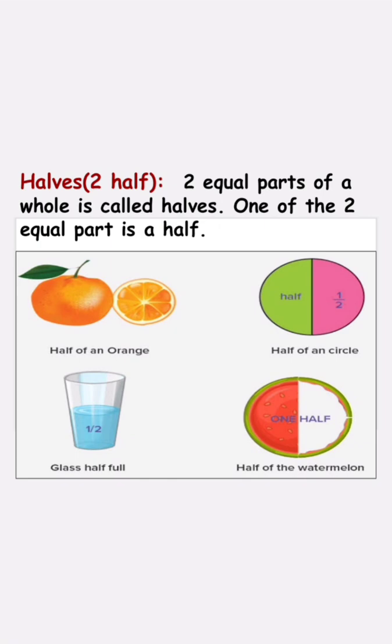We have a whole orange, and then beside that we have half of an orange. Here again, in the next, the circle is divided into 2 equal parts. Each part is known as half. Half of a circle.